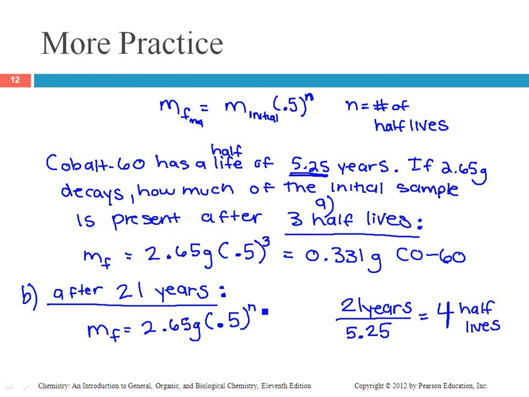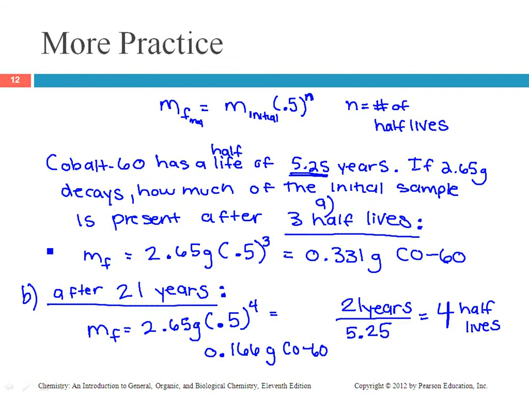So now we would plug in a 4. Whoops. And we would get 0.166 grams cobalt-60.